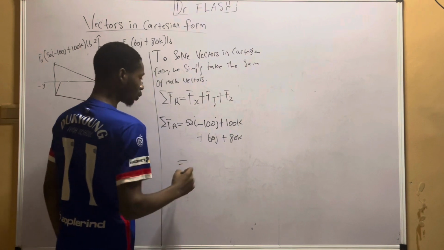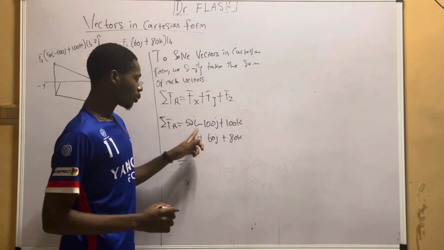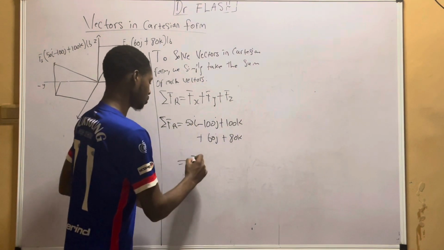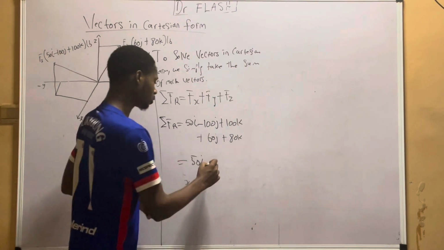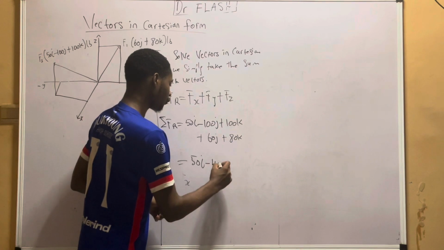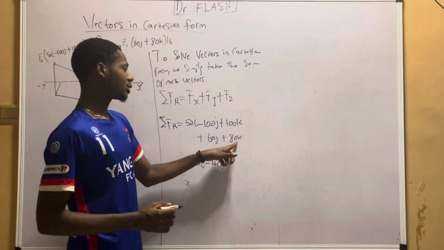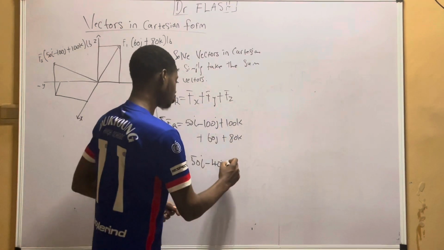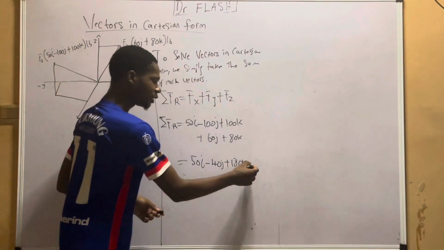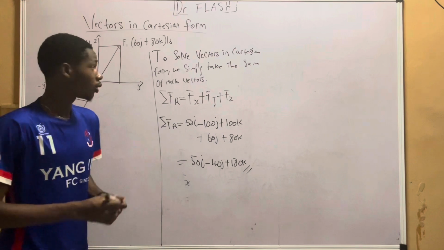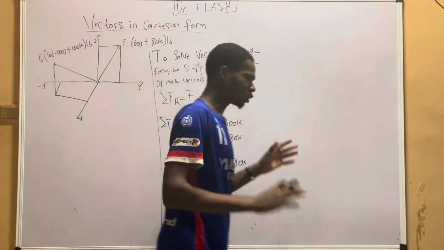Now when I do that, what do I get? There is no i component in the second, so 50i remains. Then 60j minus 100j gives you minus 40j, and 80k plus 100k gives you 180k. Here is simply the value of the resultant vector for this question.